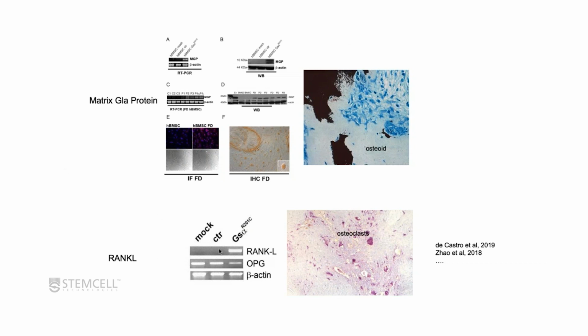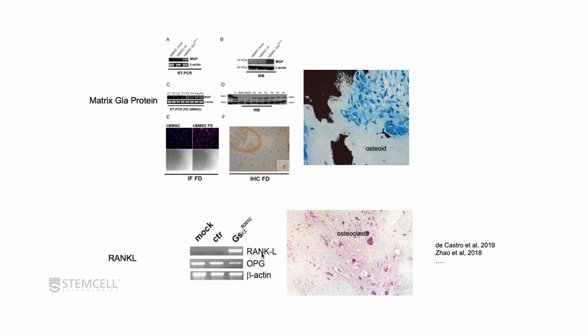RANK ligand is the most powerful osteoclastogenic factor that we know, and it is upregulated, as I said, in transduced cells, and this result has been confirmed recently by other groups on human tissue samples and also in different transgenic mouse models of the disease that have been generated.